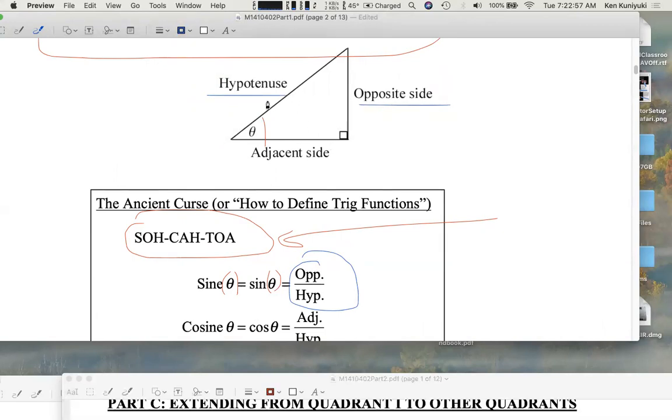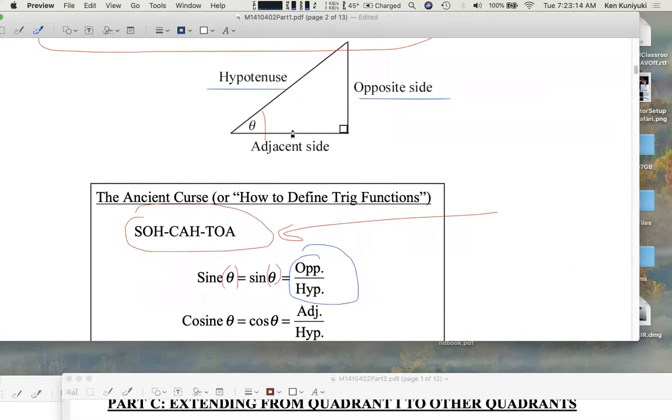It's the ratio of these side lengths. And observe that this value can never be greater than 1 because the hypotenuse will always be the longest side of the right triangle. In particular, it will always be longer than the opposite side. So notice this will never be greater than 1. And for an acute angle, it will be somewhere strictly between 0 and 1.